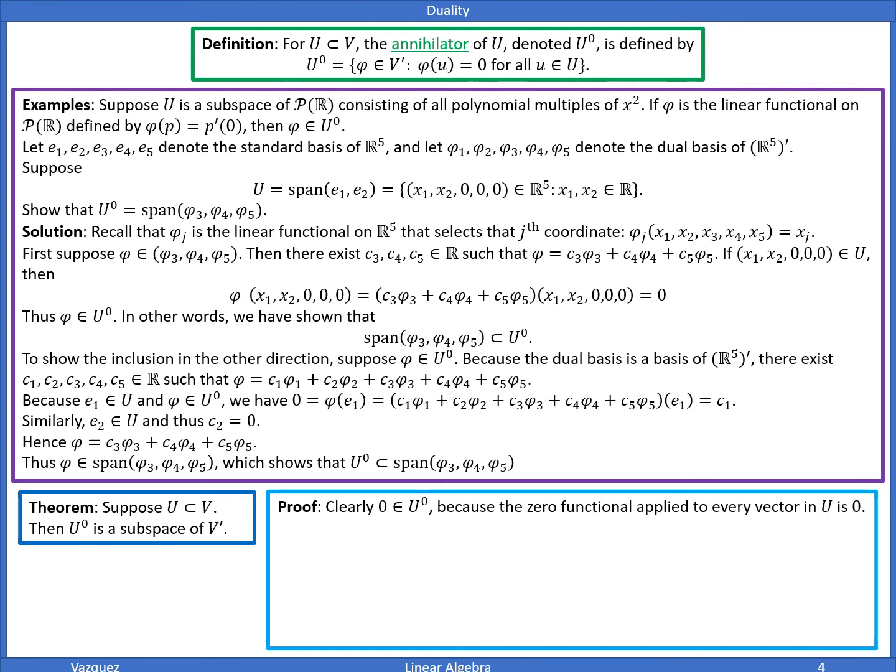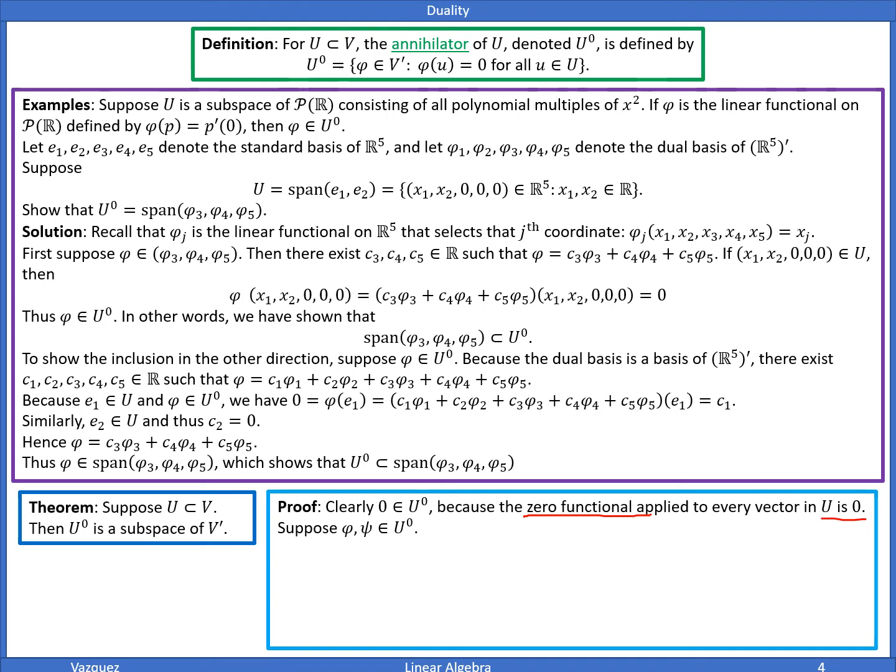Because 0 is a 0 functional. The 0 functional applied to every vector in U is simply 0. We just plug in 0 to the 0 functional, and we get 0. So 0 is definitely in there.